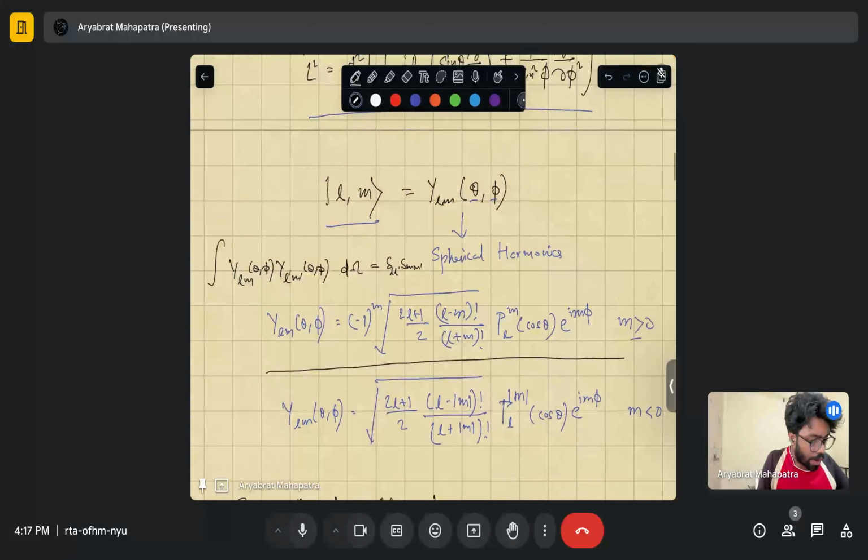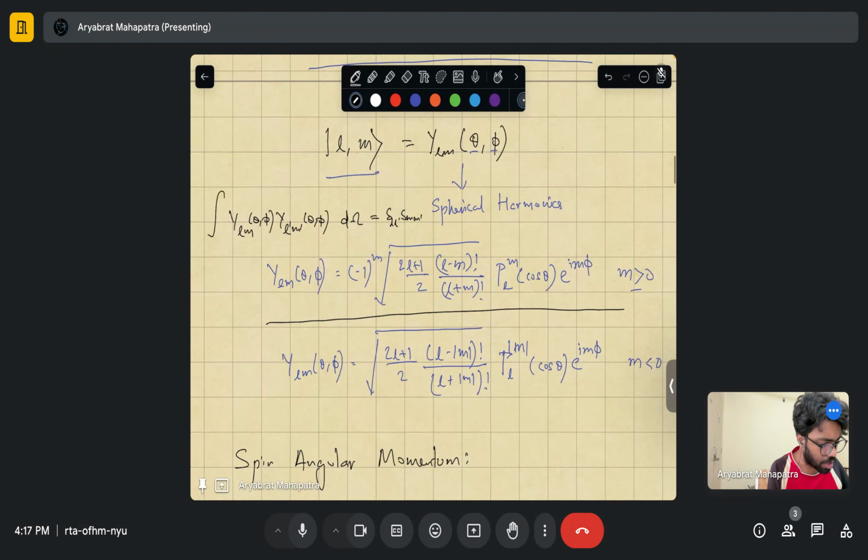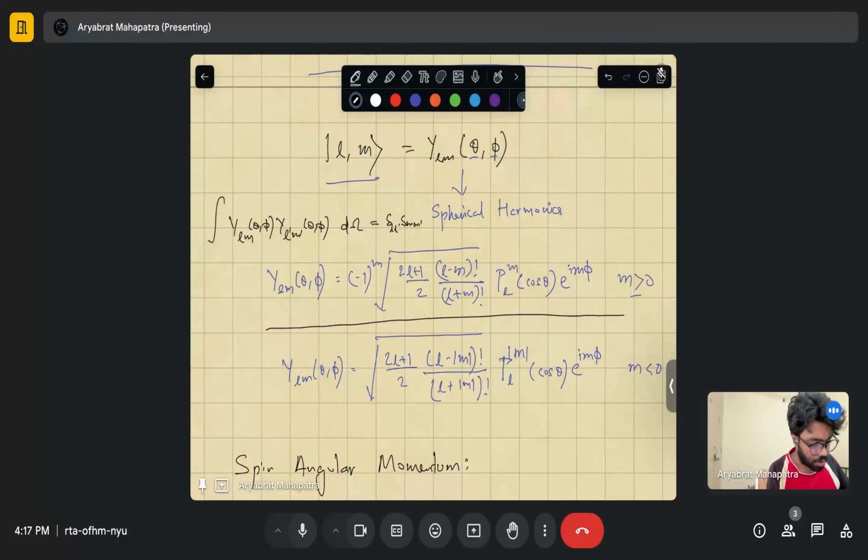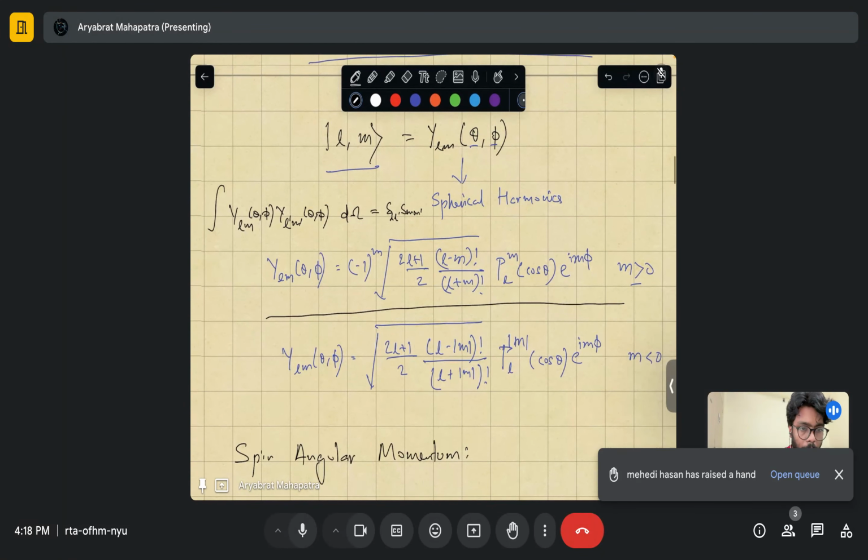So Y_lm is normalized, and that's why you can see a square root factor hanging over here. That is your normalizing factor. And these l and m are the quantum numbers I was talking about. This is what you have for a spherically symmetric three-dimensional quantum system. So this is the complete form.